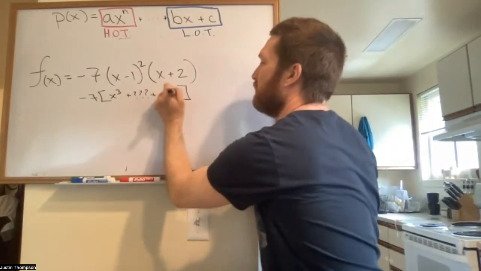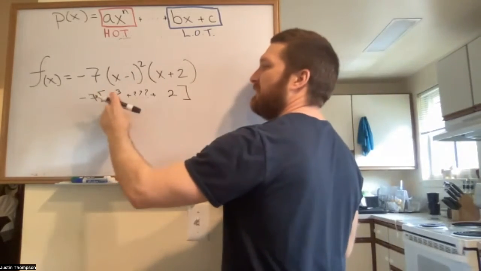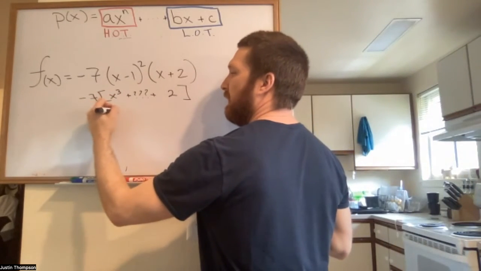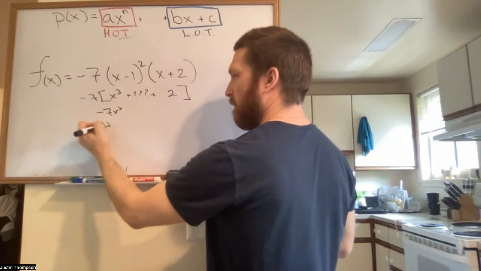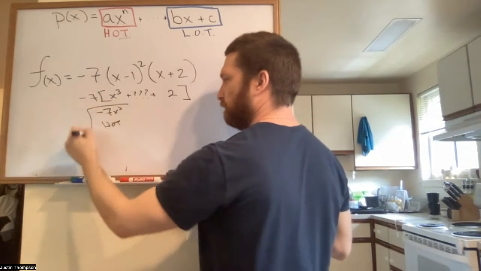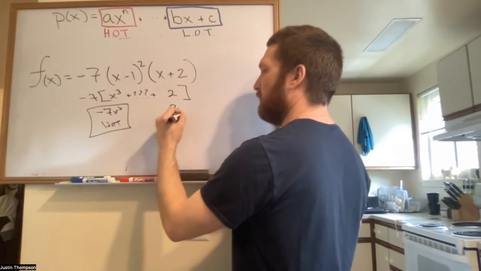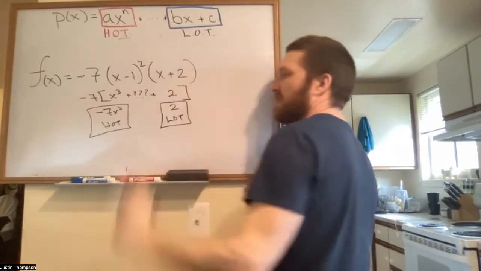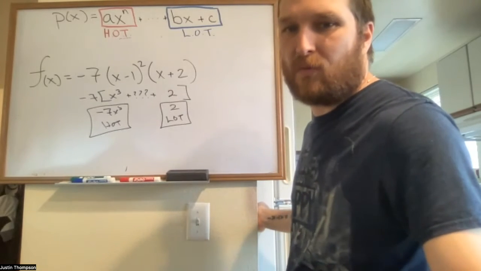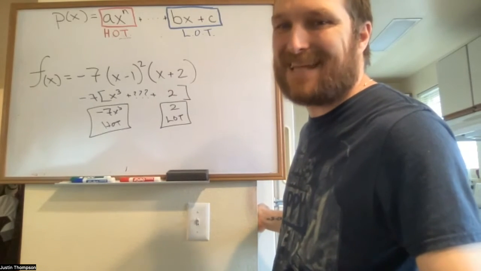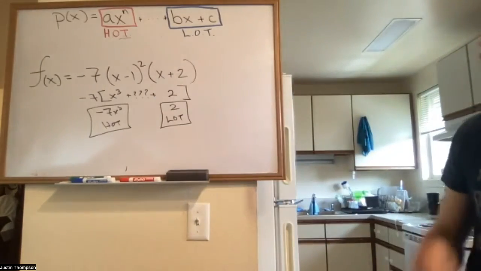So my lowest order term is going to be a 2 right there. -7 then is my highest order term. Two is my lowest order term. So that's what I mean by explicitly state the highest and lowest order terms. That's what I'm looking for in that one.